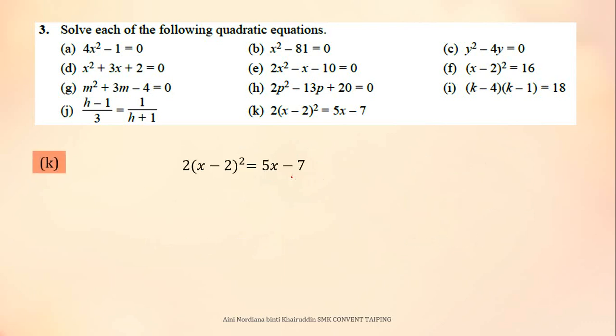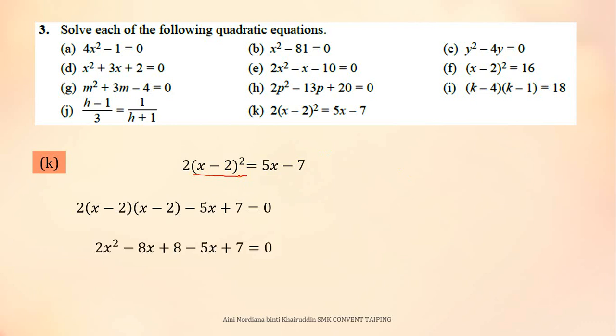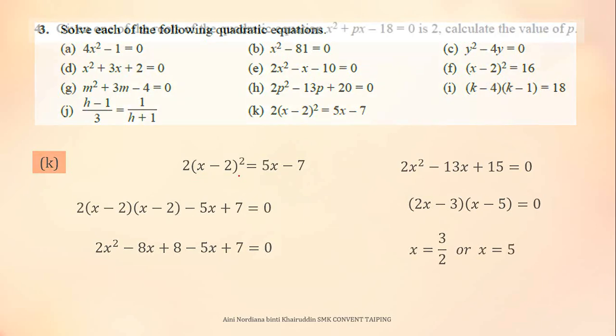So for K, we have to expand this bracket first and then write in the general form, factorize the equation, and here the answer, the values of x are 3 over 2 or 5.